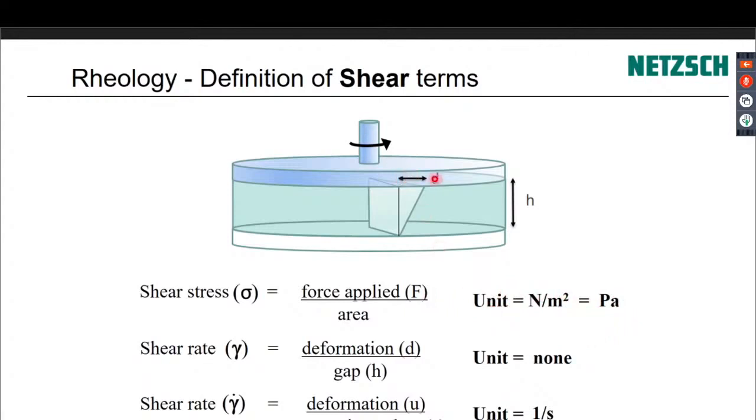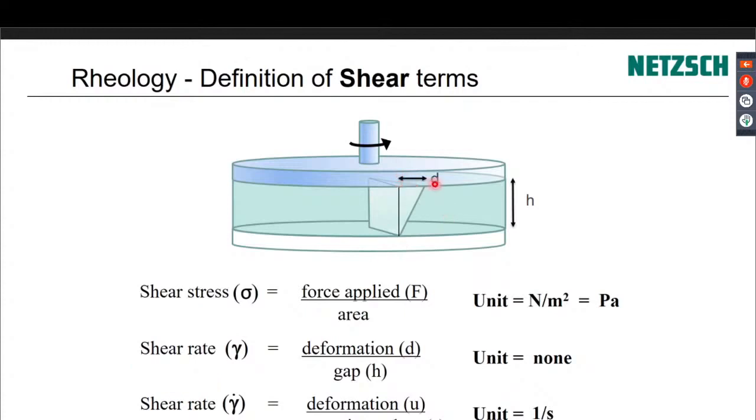And if you displace something like a gel, obviously it's going to move and stop if you just apply a small force to it. But if it's a liquid and you apply a force to it, it keeps on flowing. And so we could describe that in terms of the number of strains per second. And this is my first mistake here. This is a shear strain, not a shear rate, actually.